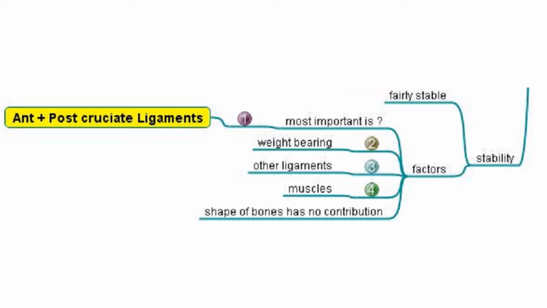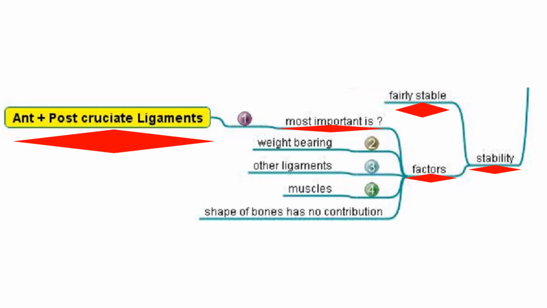We have learned from the beginning that whenever we talk about a joint, we should question how stable this joint is. And the knee joint is fairly stable. Now, why is it fairly stable? Because there are factors that are adding stability to this joint, and the most important factor is the presence of the cruciate ligaments.